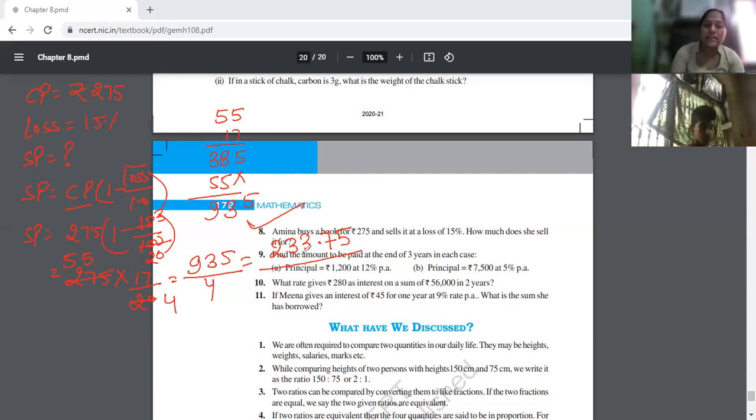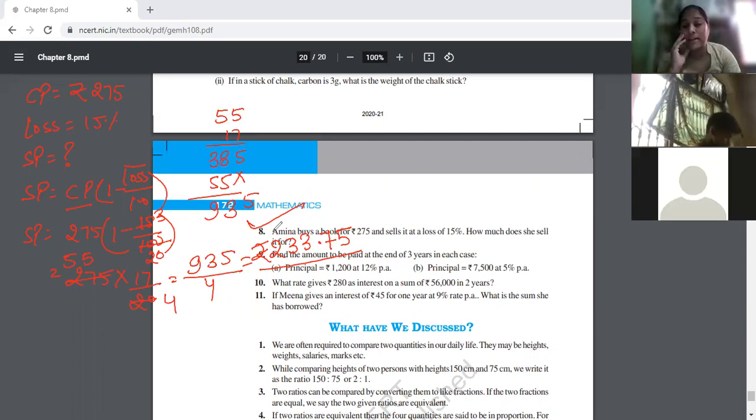This is the correct answer now. There was some mistake in the question that we did before. This is the correct answer.